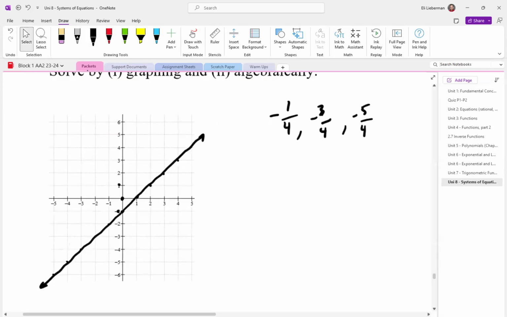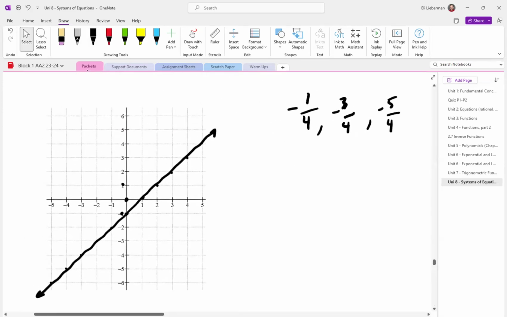So does that look about right? -1/4, -3/4, -5/4. Did I do that right? Is it going to hit that line again? I don't think so. It looks like it's pulling away from it. So something like this.